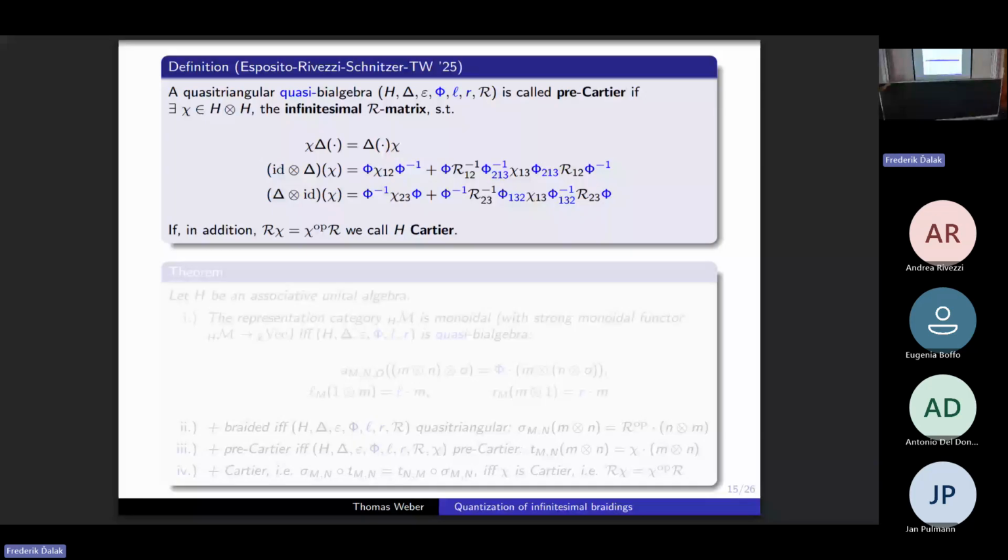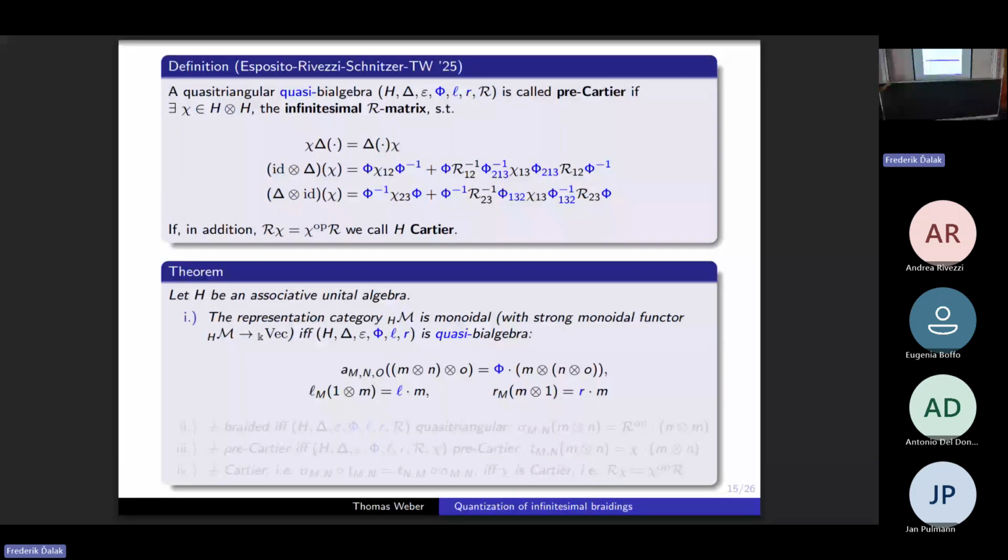Part of this is very well known. And here I should say that I was lying a little bit on the first slide when I said that a bialgebra is the same thing as a monoidal category. This is only true if your associativity constraints are the ones of vector spaces. If they are more complicated, you will get a non-trivial phi. So the actual true theorem says if you start with an associative unital algebra, then the representation category, the left H-modules, form a monoidal category with some functor, blah, blah, blah, if and only if you get a quasi-bialgebra.